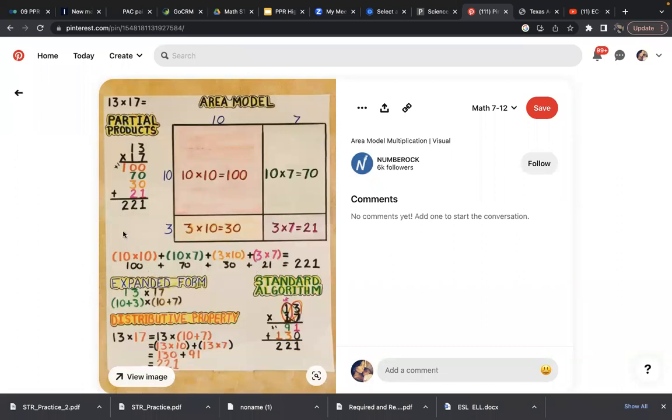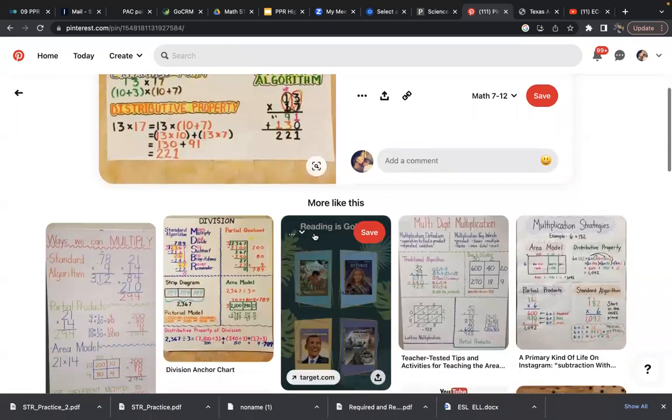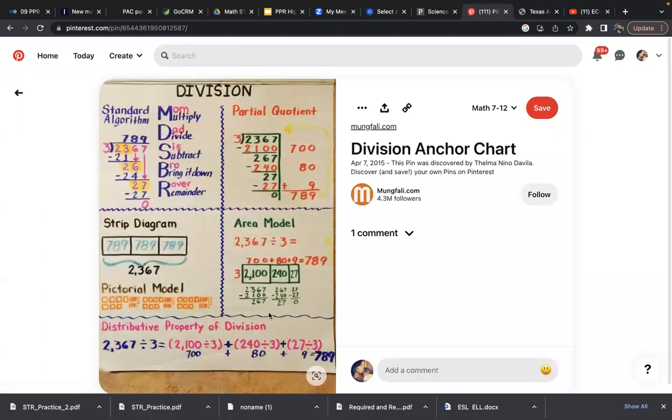The different parts of the whole number. And here is the multiplication of it. Here's another area model. So it is 2,367 divided by 3.